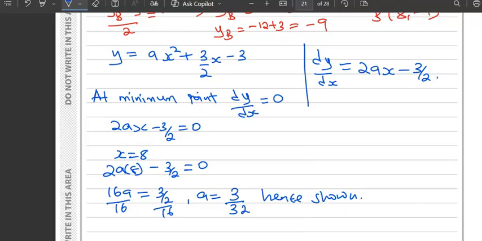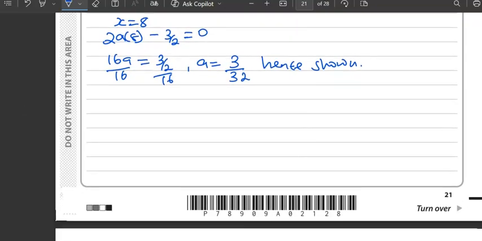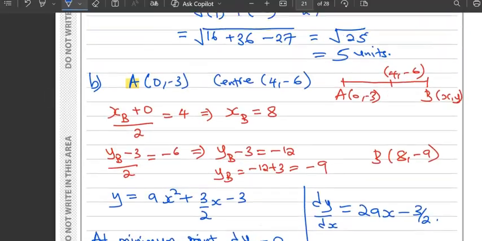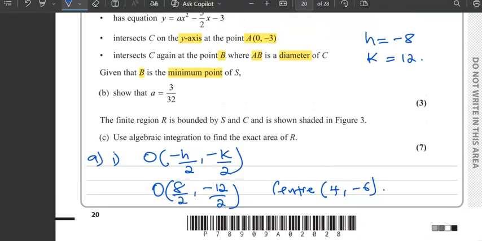Now we can consider part C of the same question. Going back to what we are given up here, they're saying that the finite region R is bounded by S and C and is shown shaded in figure 3.